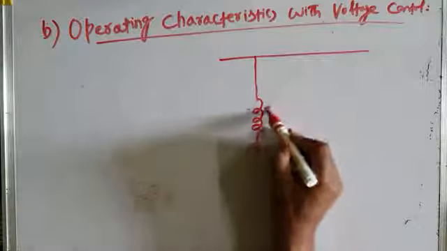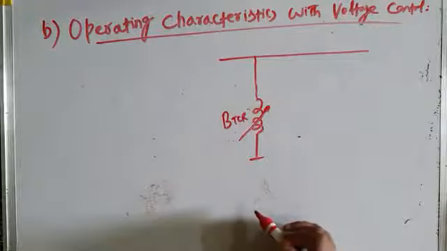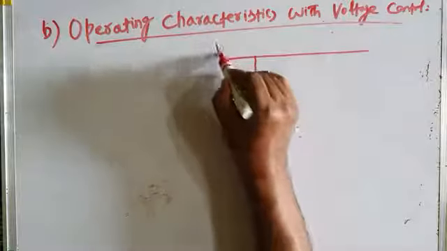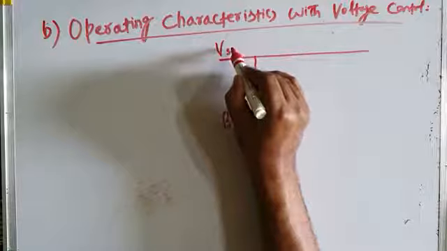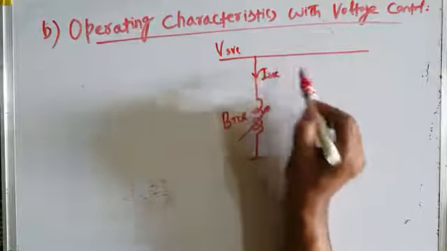TCR acting as a variable susceptance, VTCR, right? So this is SVC voltage, VSVC, and this is SVC current, ISVC.